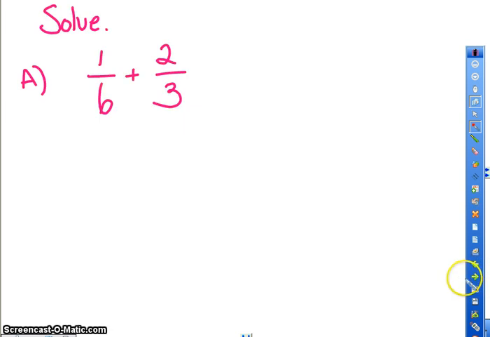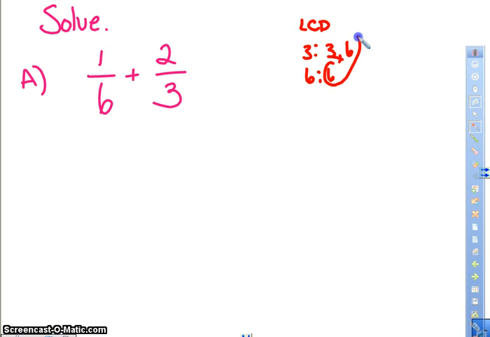Okay, so like I said before, we're going to get common denominators here. So for 6 and 3, if we were to find the LCD, okay, I know that 6 is going to be my common denominator. So this stays the same.